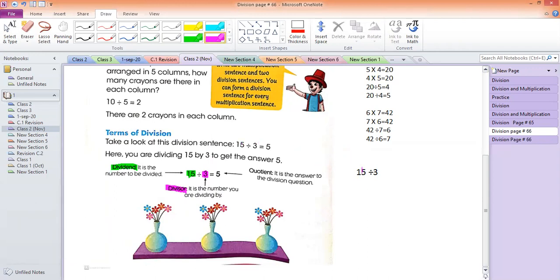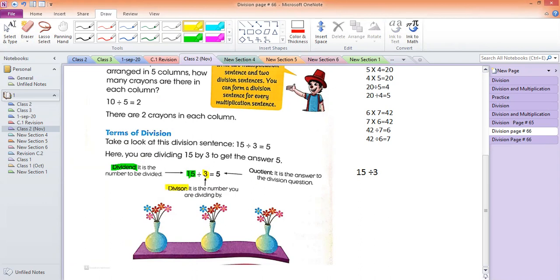You are dividing 15 into 3 equal groups, so 3 is the divisor. Again, I repeat, the number you have to divide is called the dividend, and the number by which you are dividing is called the divisor. Here 15 is the dividend, and you are dividing 15 by 3, so 3 is the divisor.